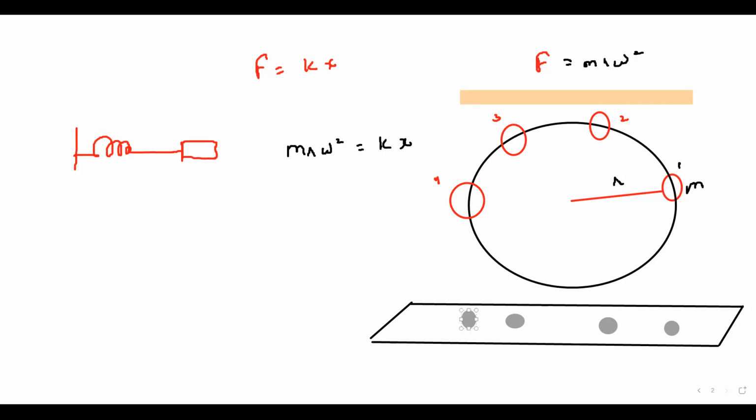Then the object at position 5. So this is 1, and we write the numbers 1, 2, 3, 4. When it is at position 5, the shadow will be at this point.